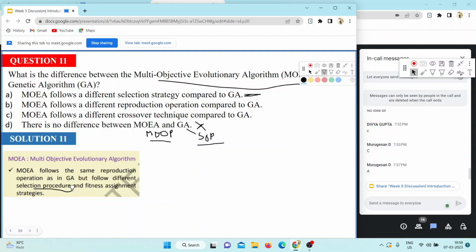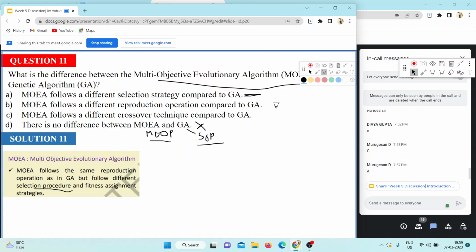Why does this difference happen? Because a single optimization problem deals with less data, but here the multi-objective evolution algorithm deals with many data, because it is optimizing more than one objective function.